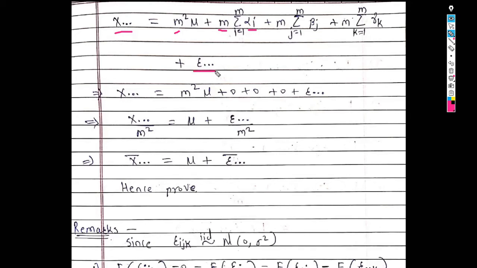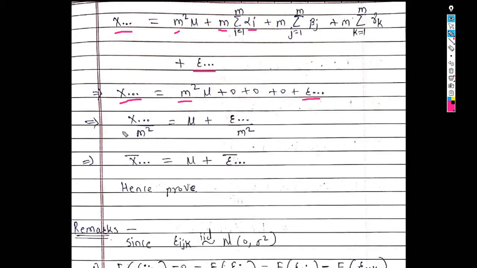Under the assumption of LST model, summation alpha i, summation beta j and summation gamma k are 0. So we get x dot dot dot, that is grand total, equals to m square into mu plus these three terms which are 0 plus our last term epsilon dot dot dot.